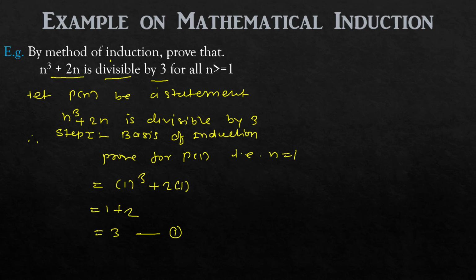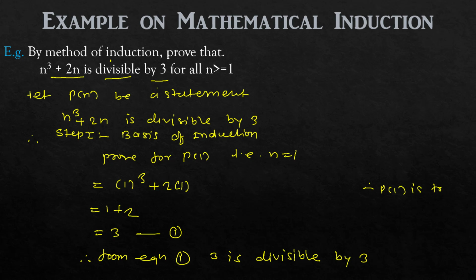Equation number 1. Therefore, from equation 1, 3 is divisible by 3. Right? Means P of 1 is true. Therefore, P of 1 is true for n is equal to 1.